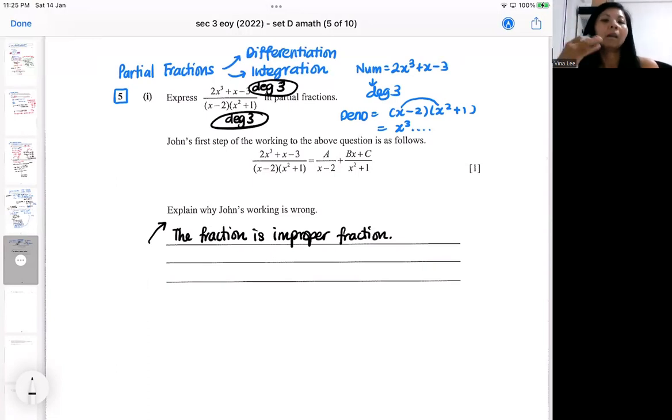The degree is the condition that indicates whether it is improper or not. For an improper fraction, the first step should be a long division. Everything has to be written out clearly. The purpose of the long division is to get to a proper fraction.